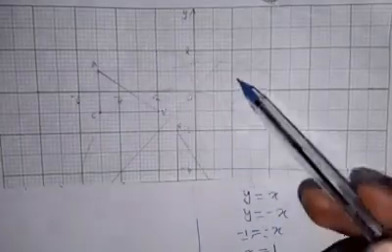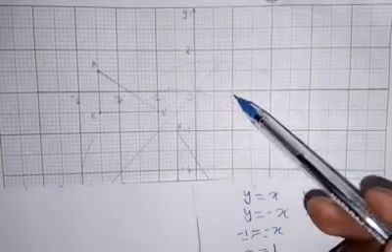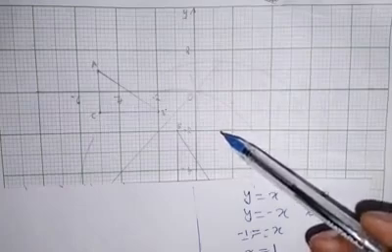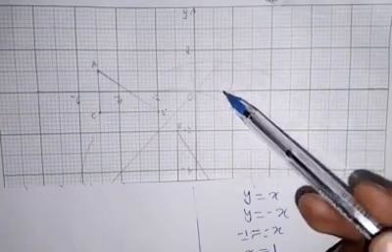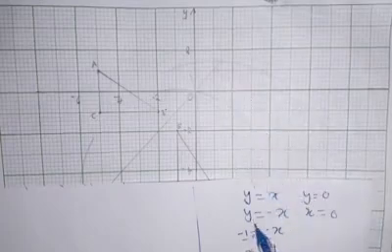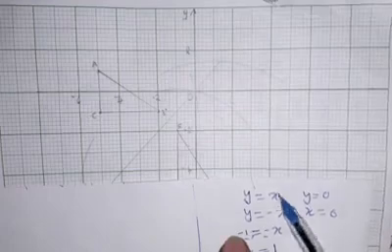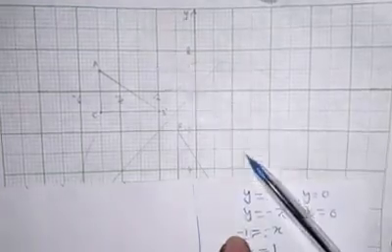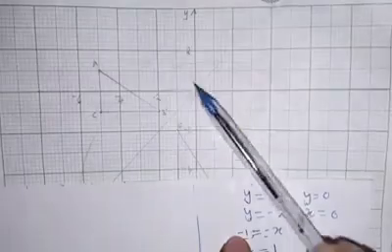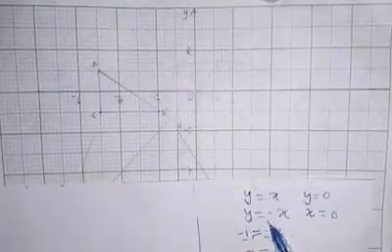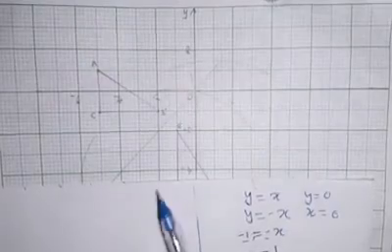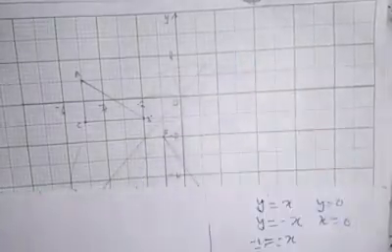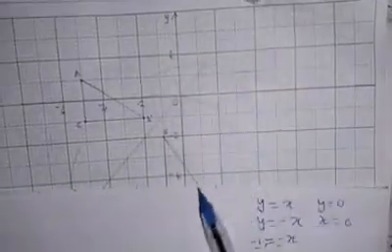When y is negative, the value of x is going to be positive, and it's going to lie this side. So this type of equation will pass through this diagonal like this. Once it passes like this, we are saying that y is equal to negative x.